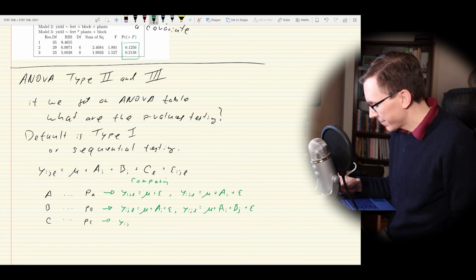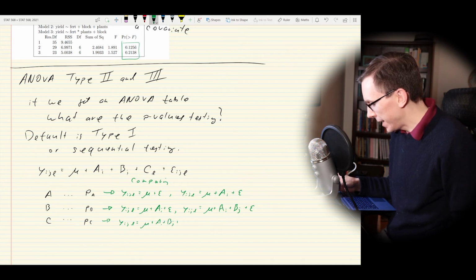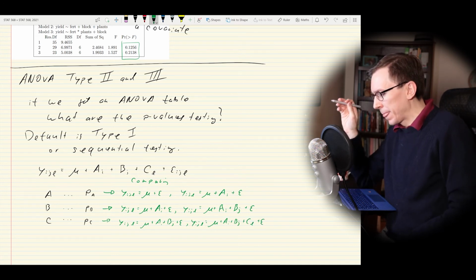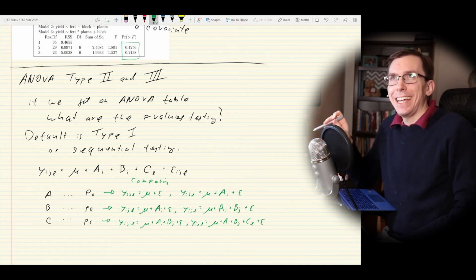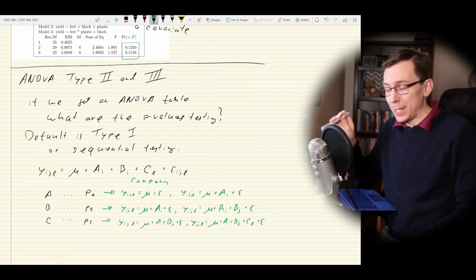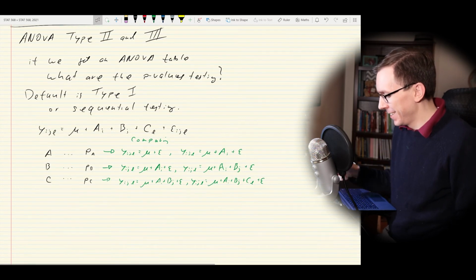And lastly, we would have something like mu plus A_i plus B_j plus epsilon, and we're comparing that to the full model that I wrote down above, which is A_i, B_j, C_l, epsilon. Now, this might look like the order is going to matter, but the way that we set up our designs before was very special.